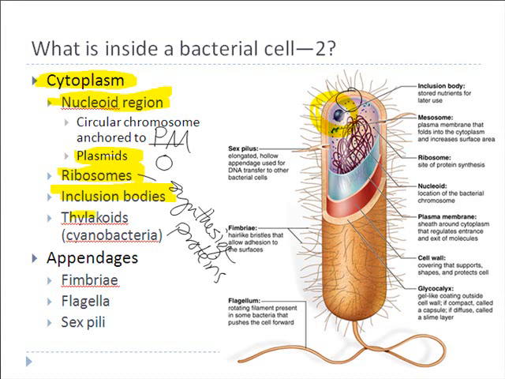You'll also see thylakoids present in some types of bacteria, for example, in a class of bacteria called cyanobacteria. And thylakoids are basically collections of, I guess they're kind of like an internal membrane on which molecules of chlorophyll are attached.